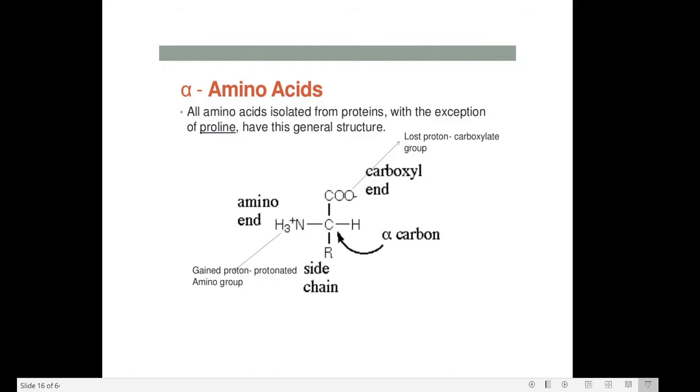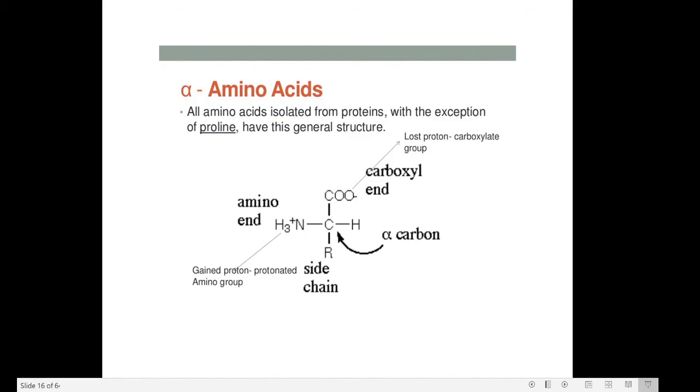All amino acids are isolated from proteins. That is one example of alpha amino acids. The amino acid has a carboxyl end and an amino end. The carboxyl end is C double bond O, which has one valency and can interact with any functional group.